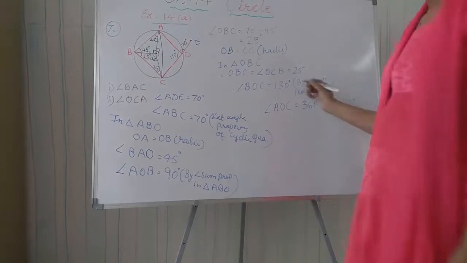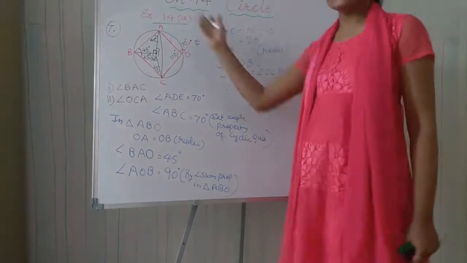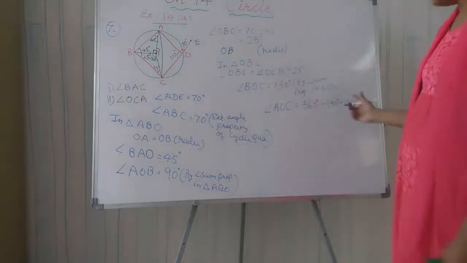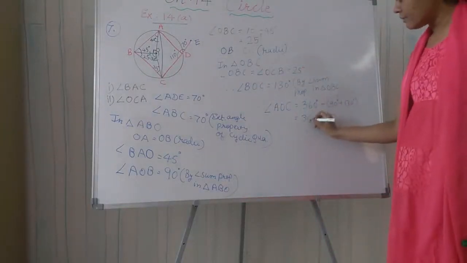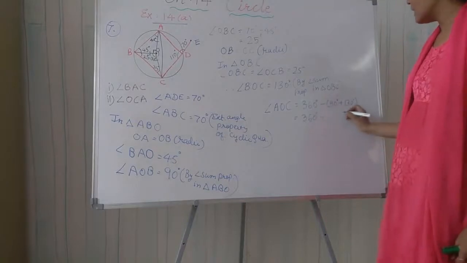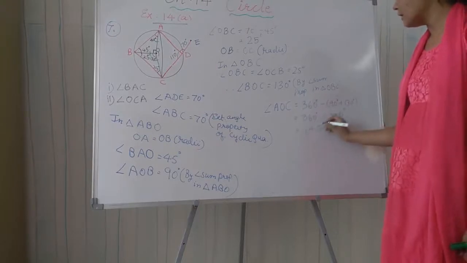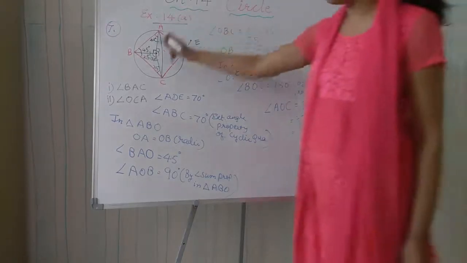So mostly while solving this type of questions, in the figure only you show all the angles. It is very clear to you how to write it down step by step. So here I get 220, and by subtracting we get 140 as AOC.